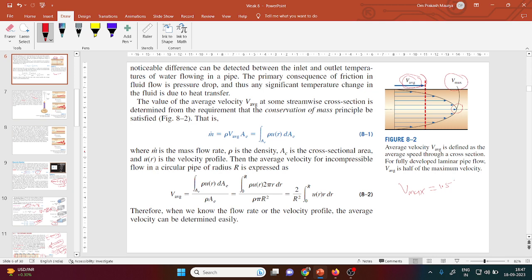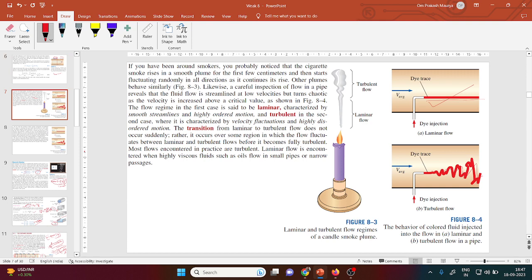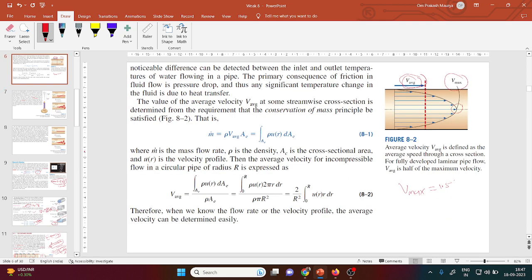Or in the case of a circular pipe, it may be 2, because I don't remember, but some relation is there. V max is some constant K times the V average. You need to explore that; there might be some relation.